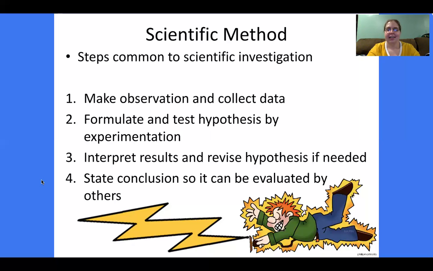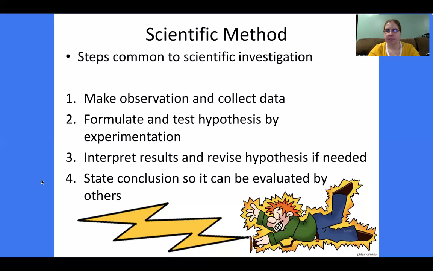So, plants are green. All right, I can make an educated guess. Maybe it's because they absorb green wavelength of light. And now I can go through and run an experiment to test my hypothesis. So once I run my experiment, I get my data from it, and I can interpret my results. So I go through, I collect it, my hypothesis proved to be incorrect, so now I can revise it.